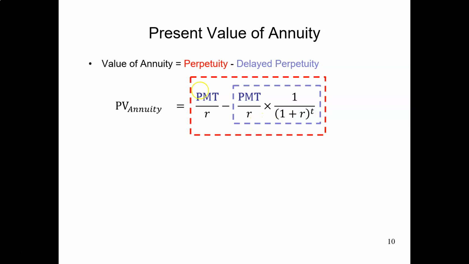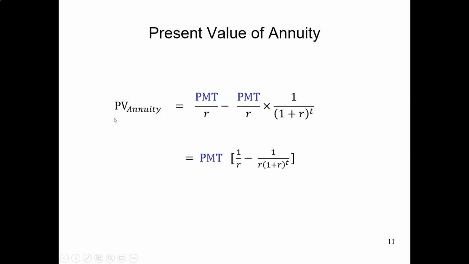So in this way, we use the difference of the perpetuity value starting from next period and the present value of delayed perpetuity starting from year t plus 1 as the present value of annuity. If you do some algebra, you can write the first equation into the second equation.